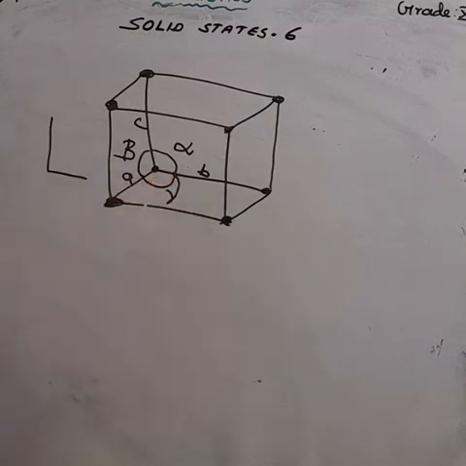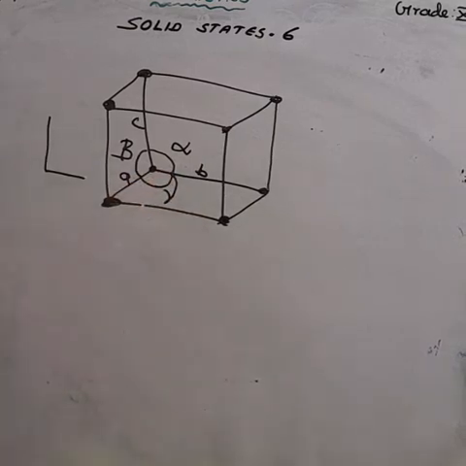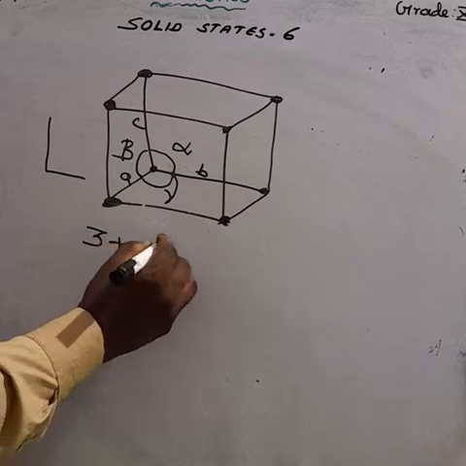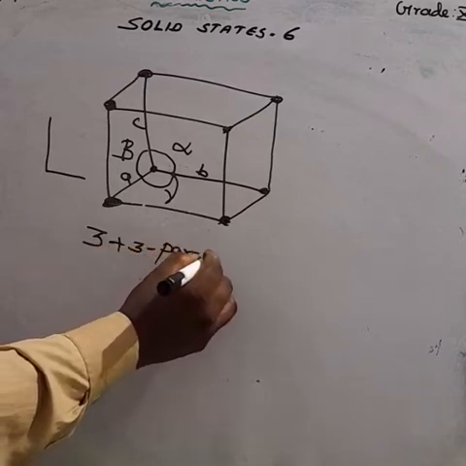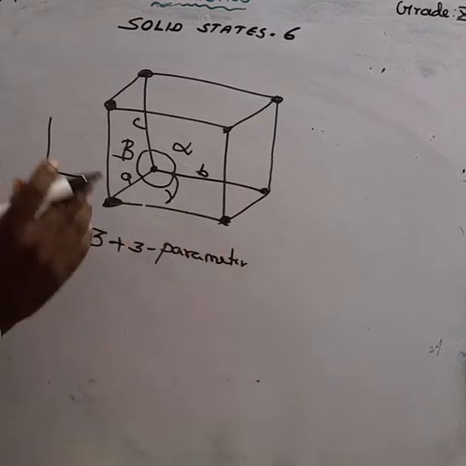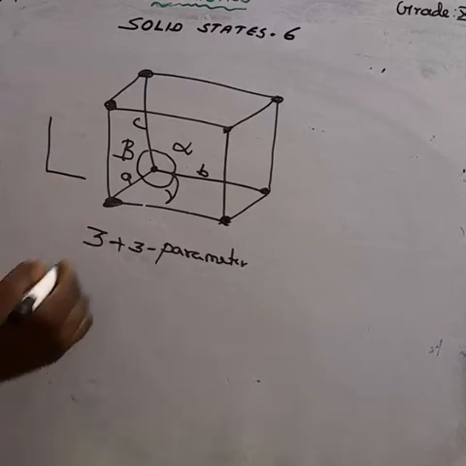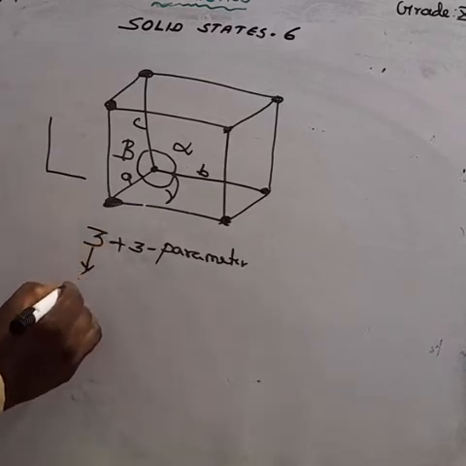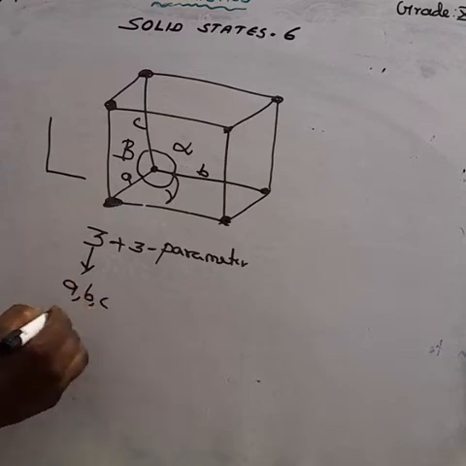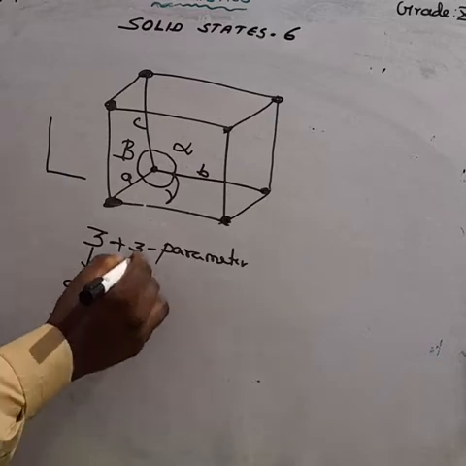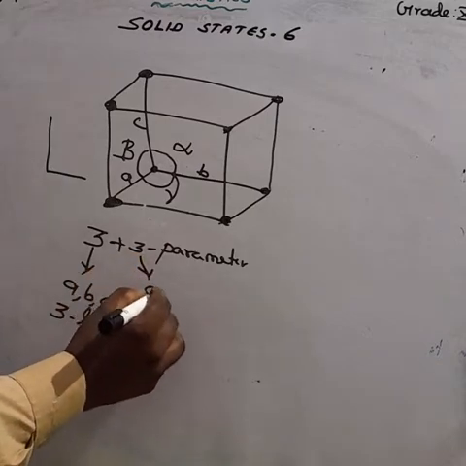Okay. That is 3 plus 3 parameters. One is about the length: 3 lengths A, B, C. The next one is about the angles.